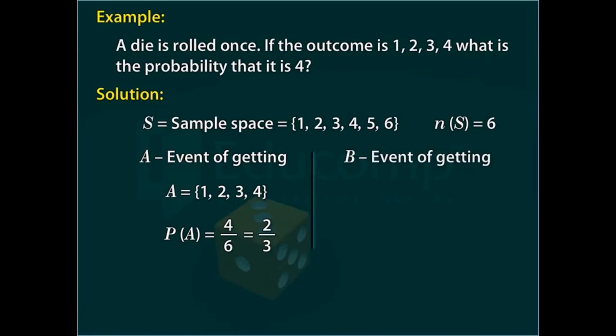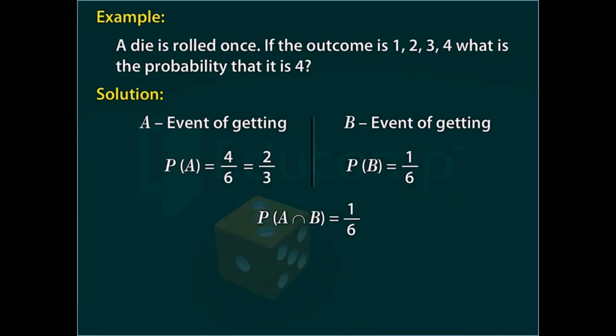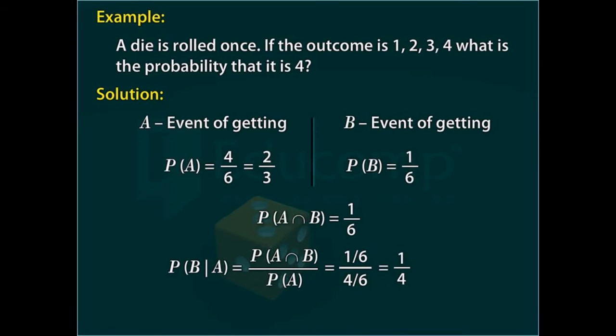B is an event such that B equals 4. Probability of B is 1 by 6. Probability of B given A has occurred is 1 by 4.